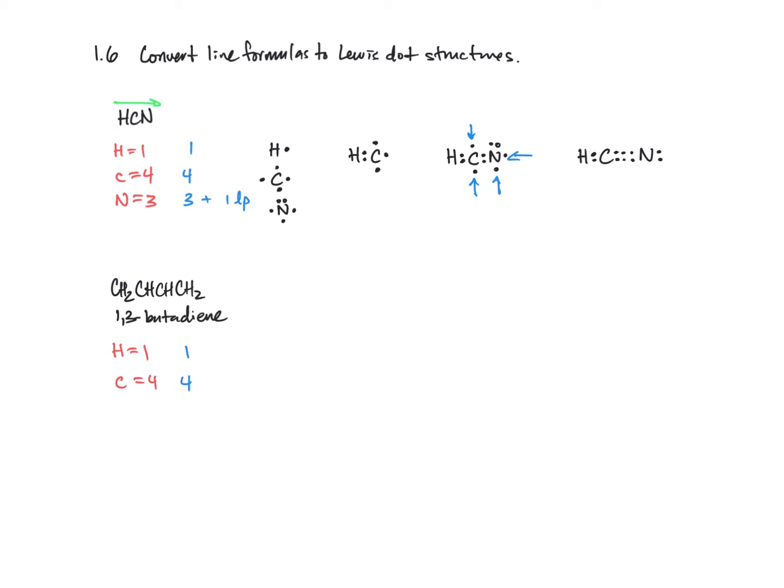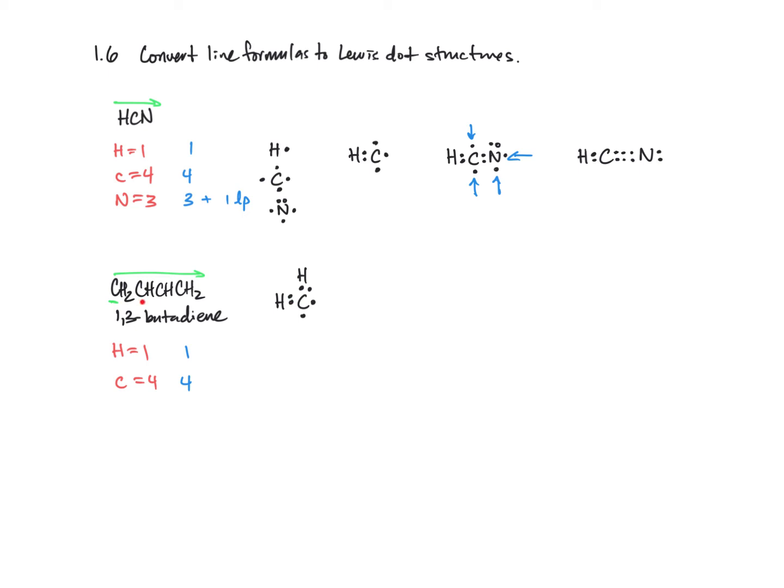Again, if we're reading from left to right, we run into a carbon first, so let's write that carbon down. It has 4 valence electrons, and that carbon is bonded to 2 hydrogens. Let's add those. The hydrogens supply a valence electron, so those are our 2 bonds, 1 and 2.